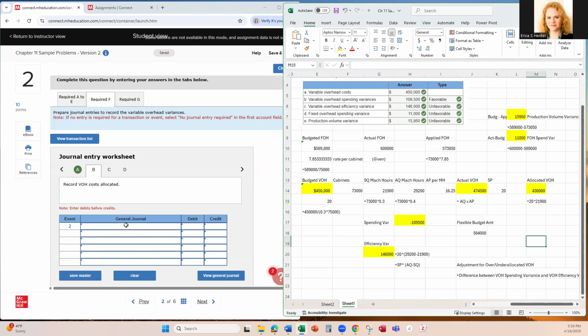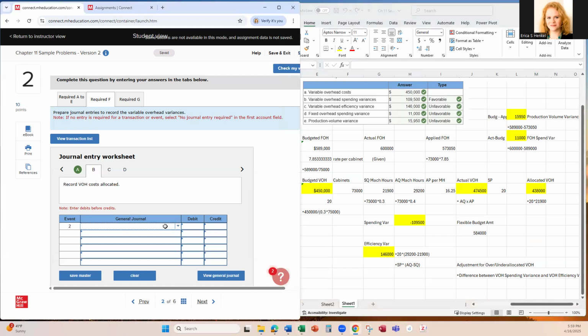That's the amount that we allocate for our overhead. So we're going to debit work in process here, and we are going to credit variable overhead allocated, and it's just going to be for that $438,000. So that is the entry for variable overhead costs allocated.